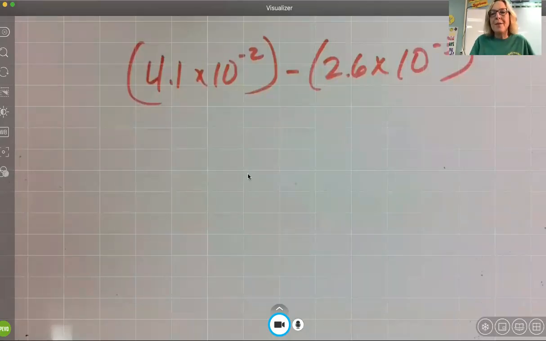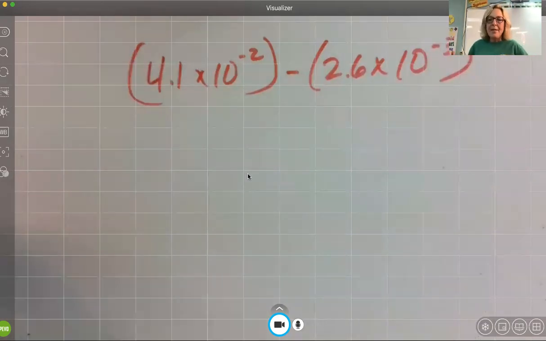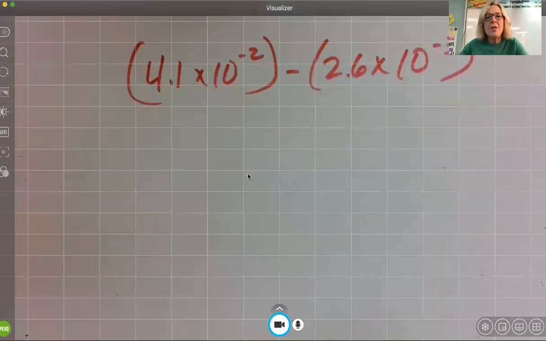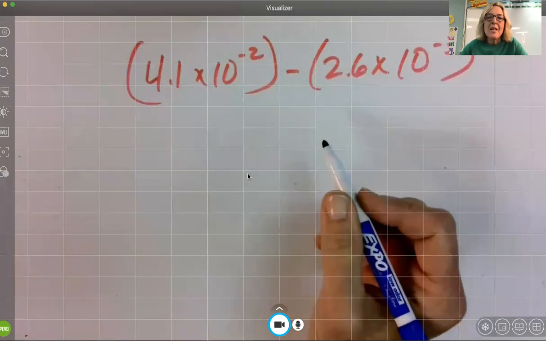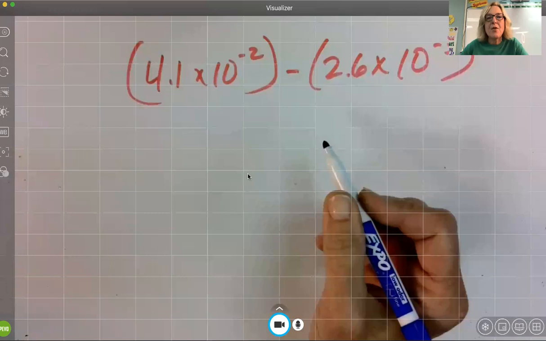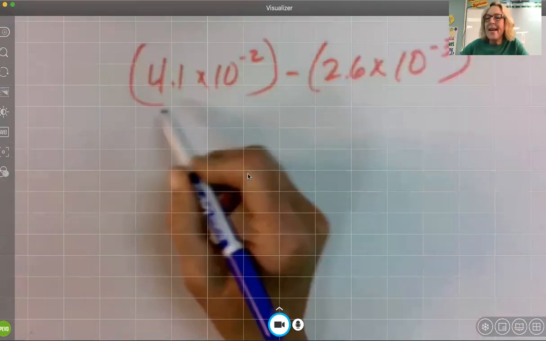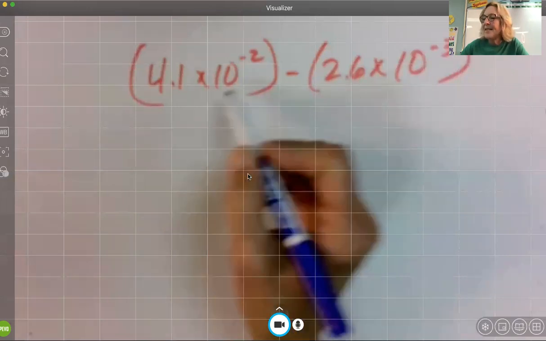So let's apply that same thinking to this problem. So go ahead and write that down, pause if you need to, and then let's get started. Okay, so we have two different powers of 10, and we need them to be the same power of 10. So because this is a subtraction problem, I'm going to probably deal with the first product, and I want it to be the same power of 10 as the second product.